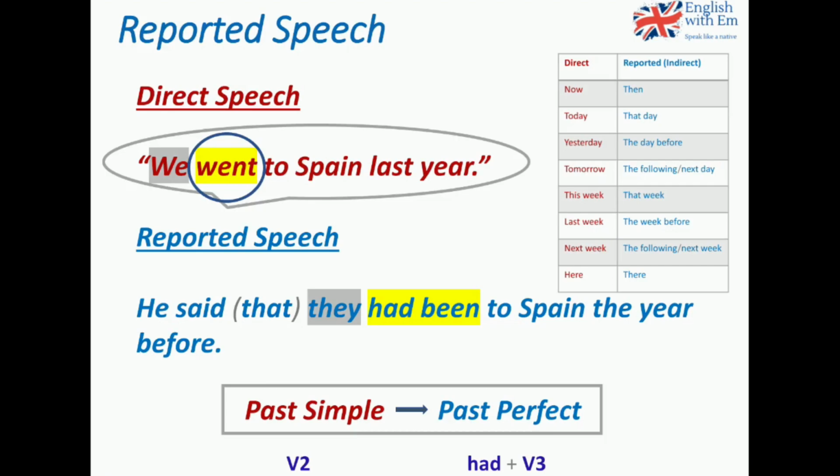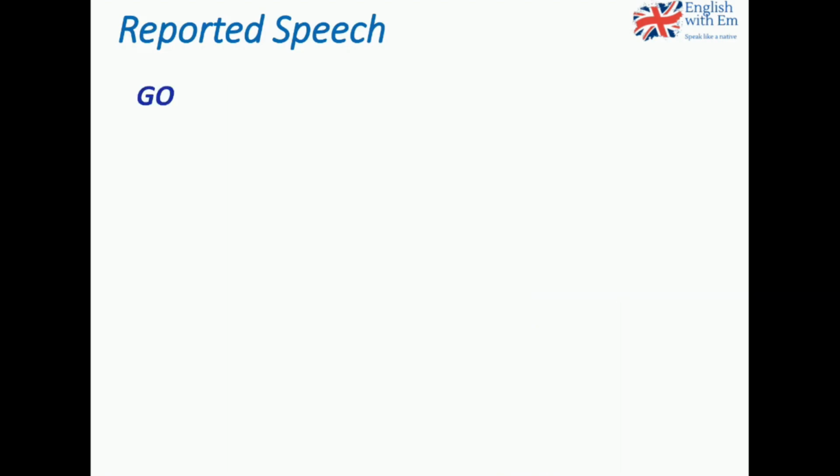Now, this is funny. I mean, went, that's the past simple form of go. So why are we using had been and not had gone? So we've got go, went, gone. But we can also use been as a past participle of go.